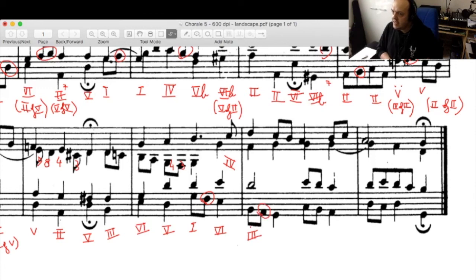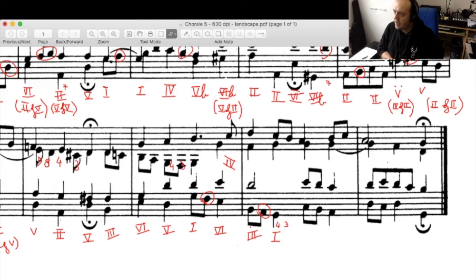The D is still here. The D note is still there in the tenor. That's chord 1. G major with a 4/3 appoggiatura in the soprano.